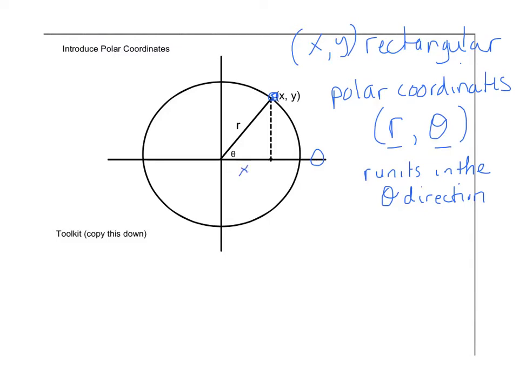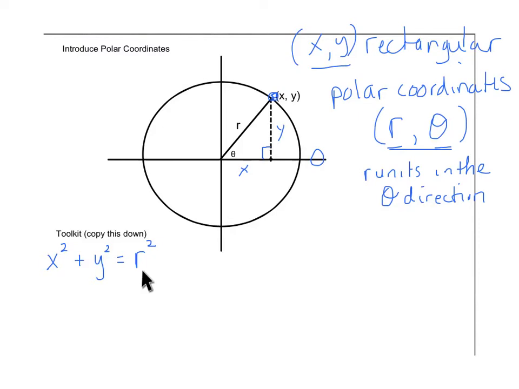All right, so let's talk about some of the things we know from a right triangle. We know that this is x, and we know that this is y, and this is a right triangle. So we could write down one relationship that x squared plus y squared is equal to r squared. So you'll notice that the rectangular coordinates have x and y, polar coordinates have r and theta. And if you look at this Pythagorean theorem, you have x squared y squared on one side, r squared on the other.